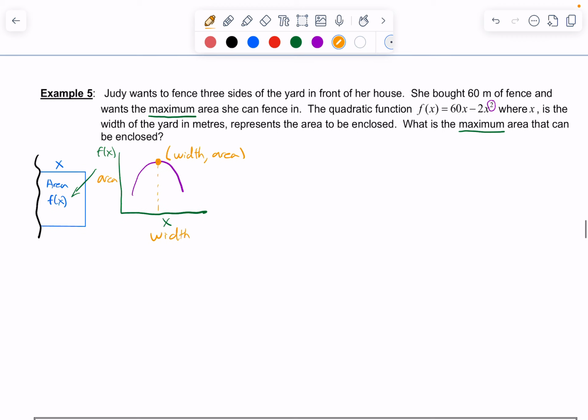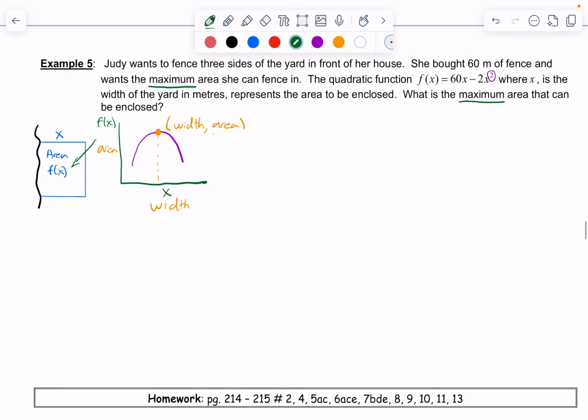So to answer this problem, we need to find the k value of our vertex, because that right there will be the max area. So let's find the k value of our vertex. We are given an equation, f of x equals 60x minus 2x squared.